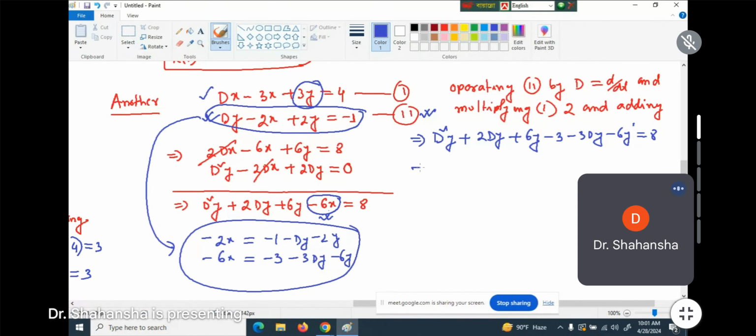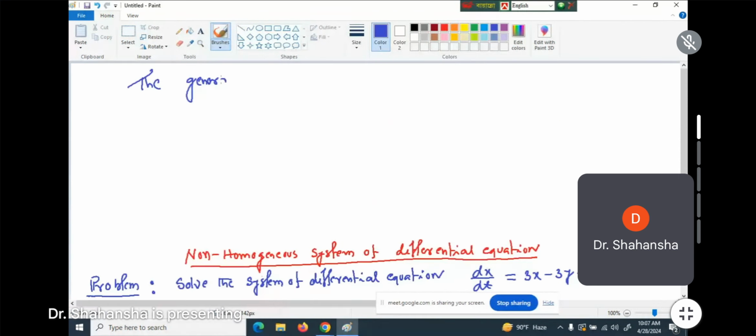Okay, so 6y cancels, d square y minus dy equal to 11. Otherwise we can write d into d minus 1 y equal to 11. Are you clear now, friends?